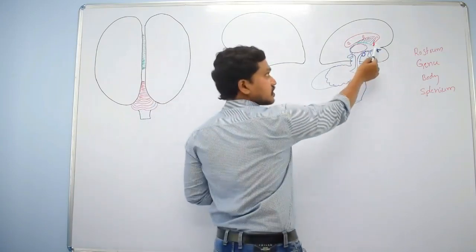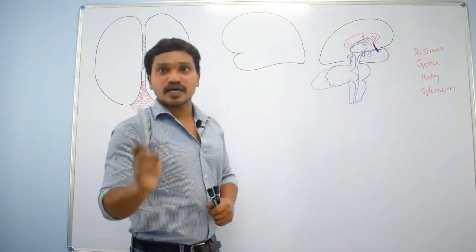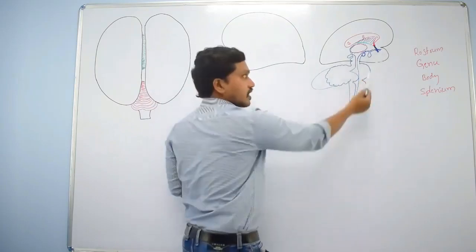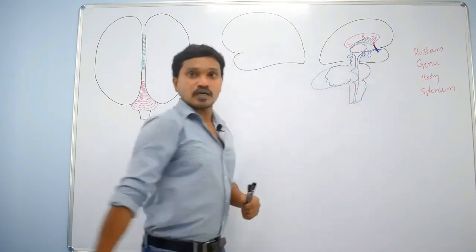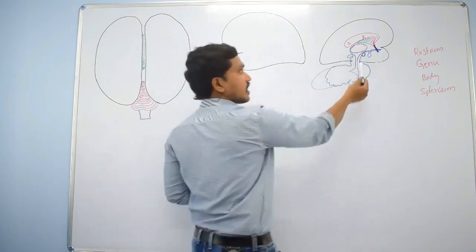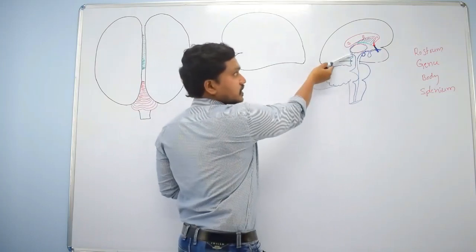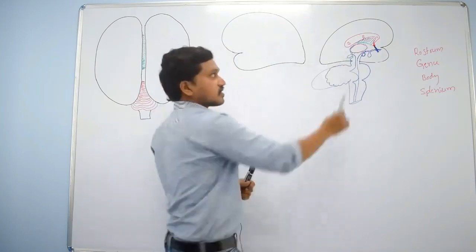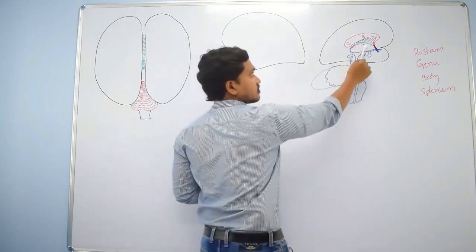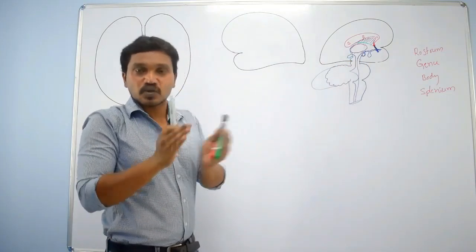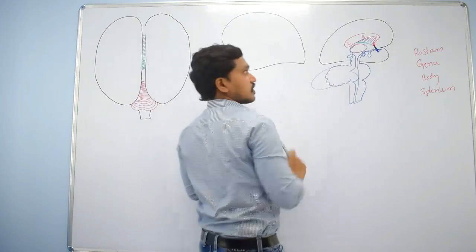And this is lamina terminalis, and this is optic chiasma, and this is pituitary gland, and this is mammillary body, and this is pineal gland, and this is the third ventricle, present in between the two thalami.